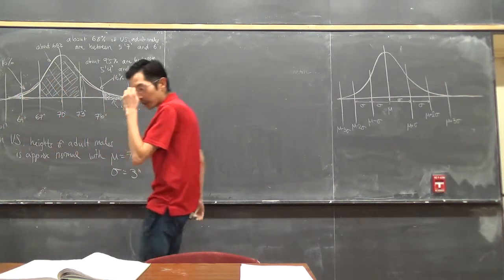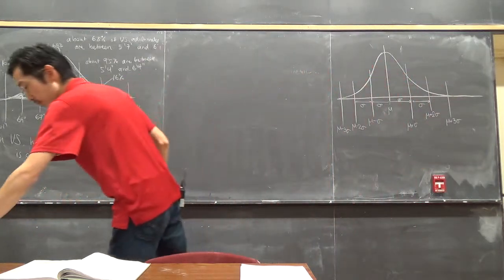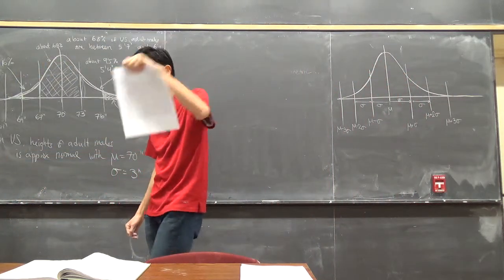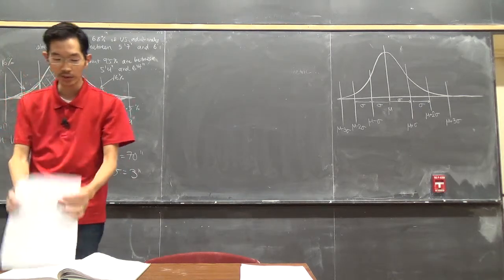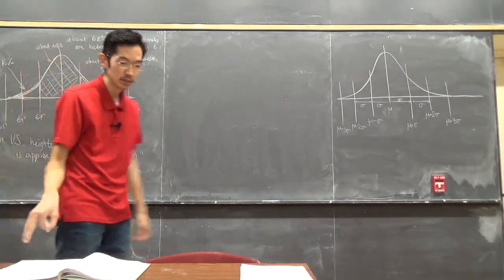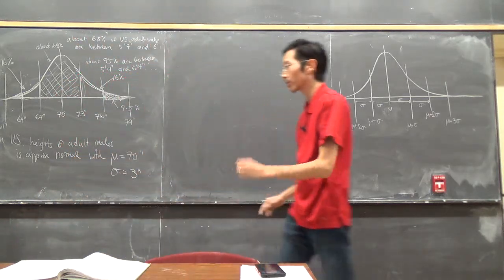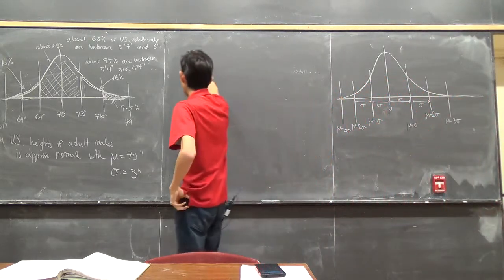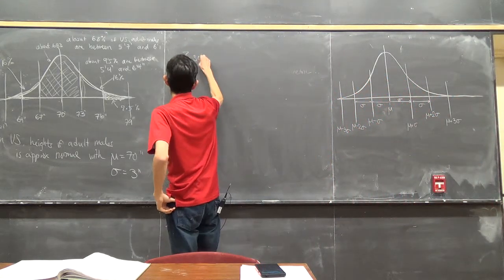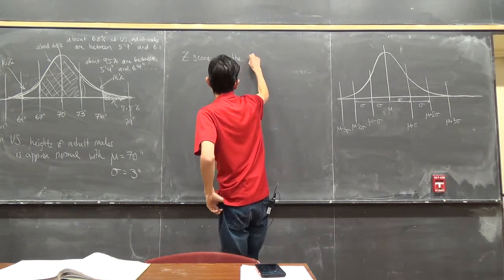Okay? And so to aid us with that, we have the normal table. And to use the normal table, we have to learn about z-scores, or we have to use z-scores to answer a question. Okay? So a z-score is the number of standard deviations we are from the mean.